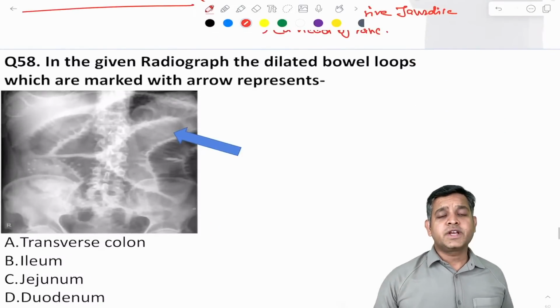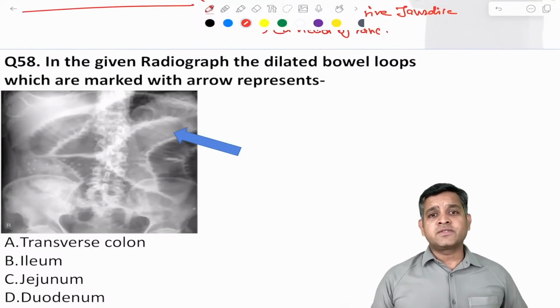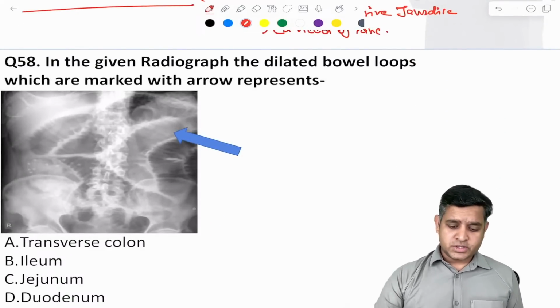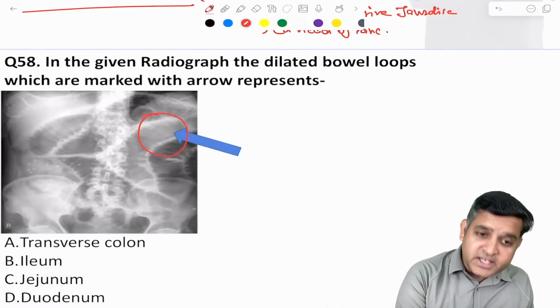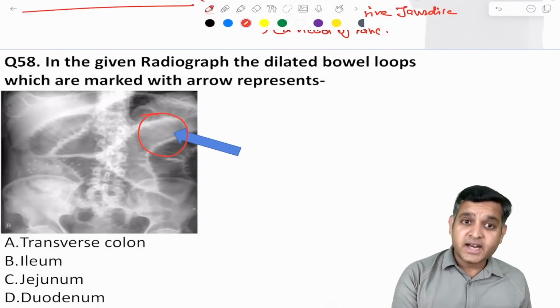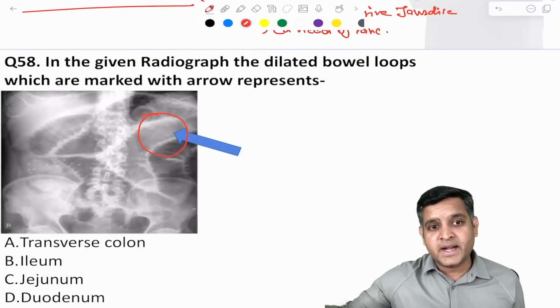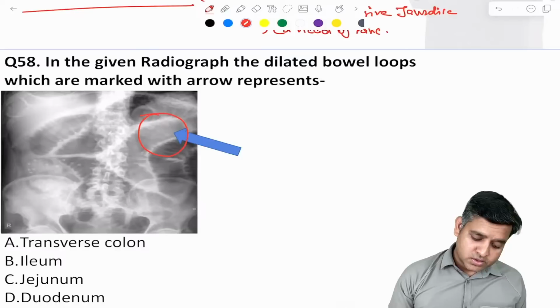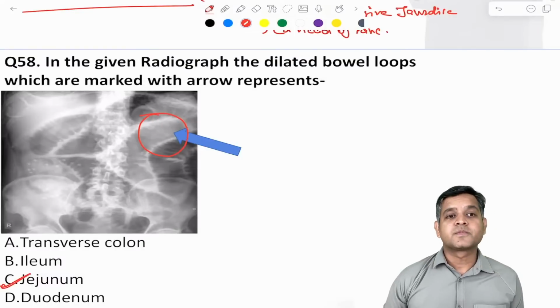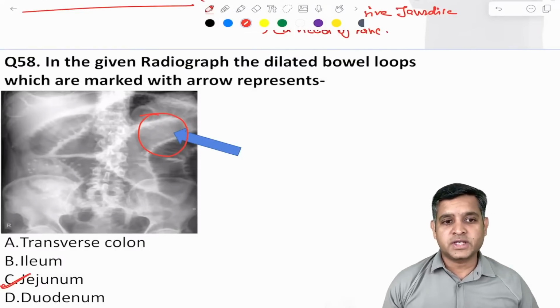Question 58. In the given radiograph, the dilated bowel loops marked by the arrow represent what? What do we see? This is a feathery pattern. See again, at one place they show a feathery pattern and at others they show a feathery pattern, and they ask you the name of the investigation. So this is a jejunal loop. Feathery pattern.